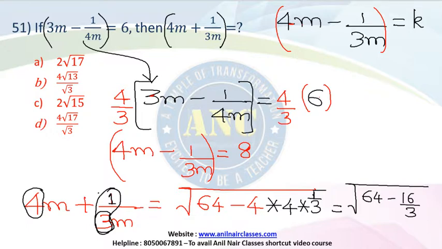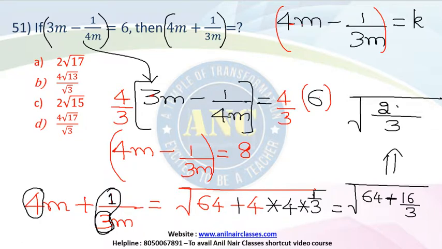Now I want to find 4m plus 1 by 3m. Because the condition has plus, inside the square root also it should be plus. That means square root of 64 plus 16 by 3. If I take the LCM, which is 3, 64 into 3 is 192, plus 16 is 208.